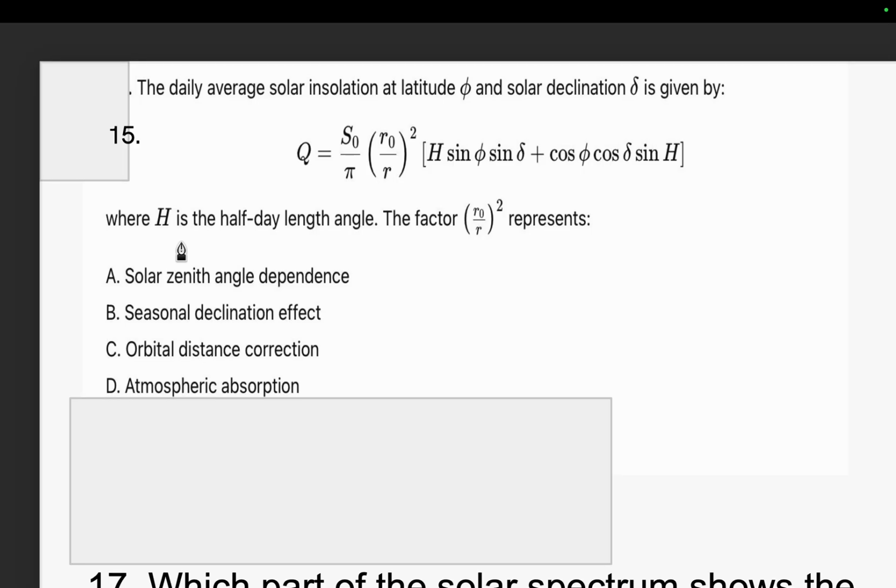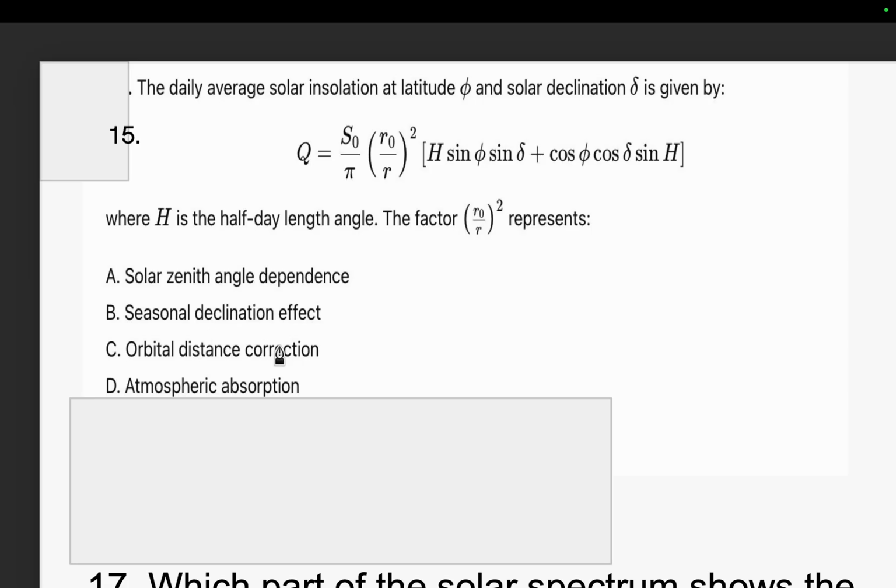Now, the daily average solar insolation at latitude phi and solar declination delta is given by this formula, where delta is the solar declination, phi is the latitude of the position on Earth, and h is the hour angle, H is the half day length angle, and this factor R0 by R square, what does this represent?